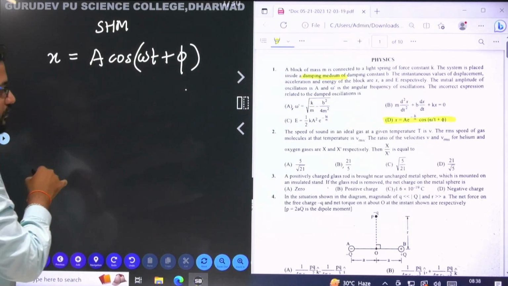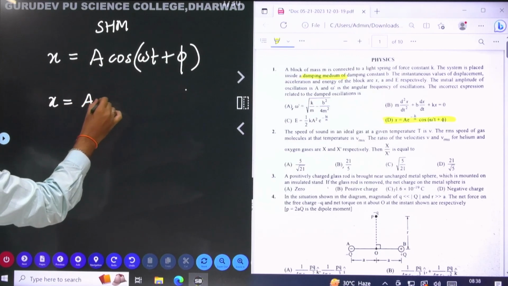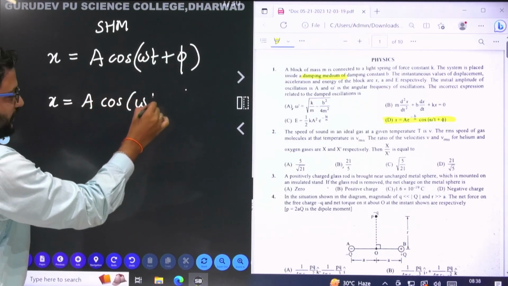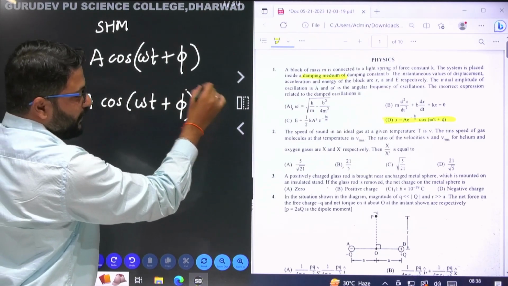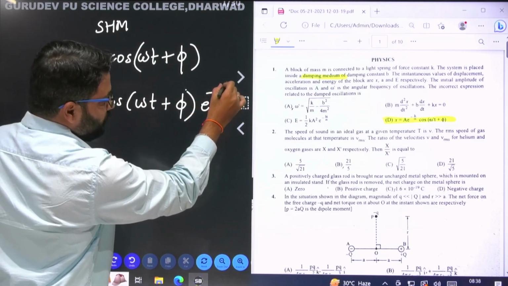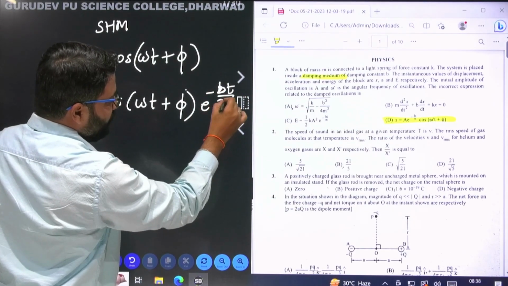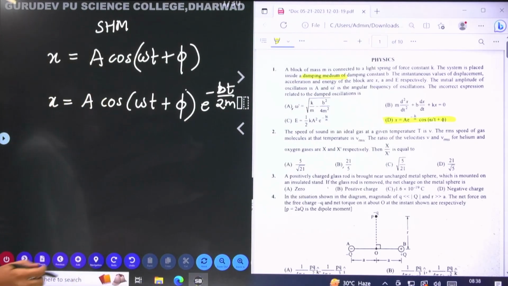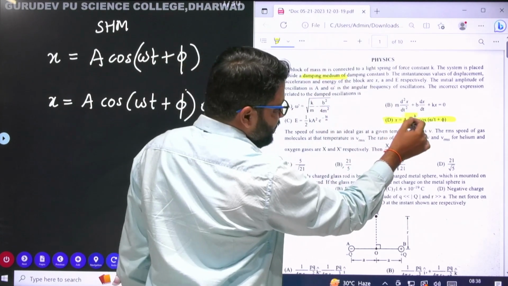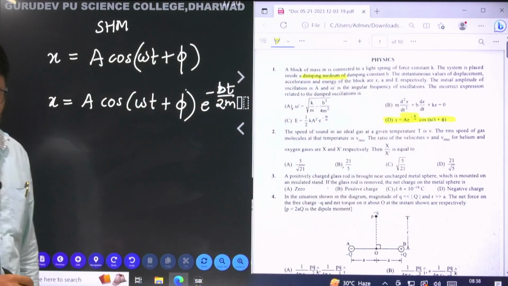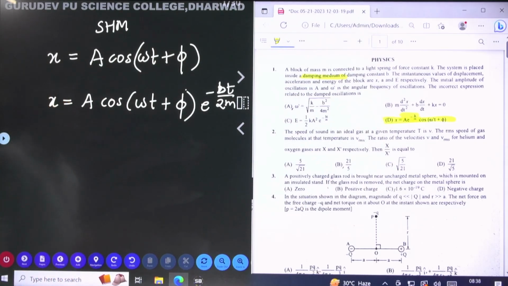The moment you take the concept of damping, you need to multiply by the damping factor, e to the power minus bt divided by 2m. As you can see, you don't have that term in this option, so that's why I choose that the incorrect option is option D. Now moving to the next one.